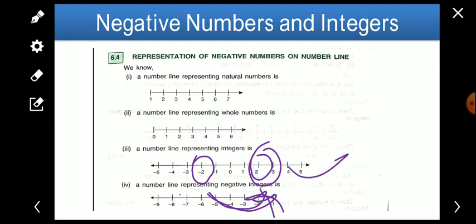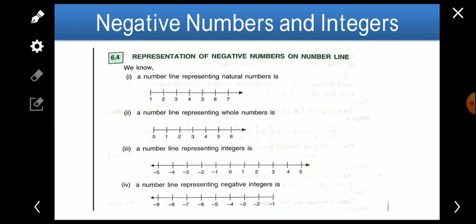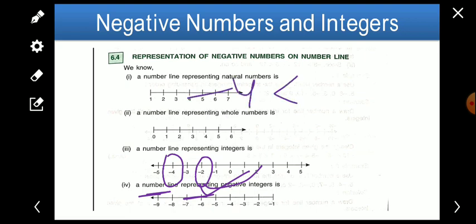If the question is which number is bigger, -4 or -2, then -2 is on the right side, so -2 will be bigger. Whichever number lies on the right side of the other number is bigger.